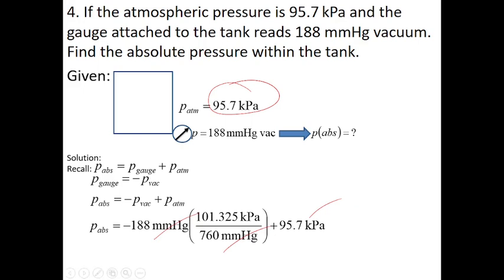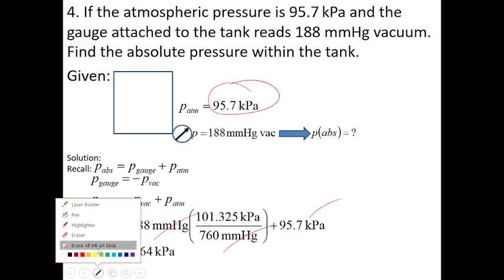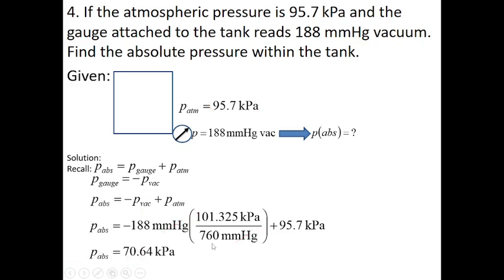And we will have an answer of 70.64 kPa. So that is our answer for the absolute pressure. Or you can write 70.64 kPa, with A for absolute. Kilopascal absolute.